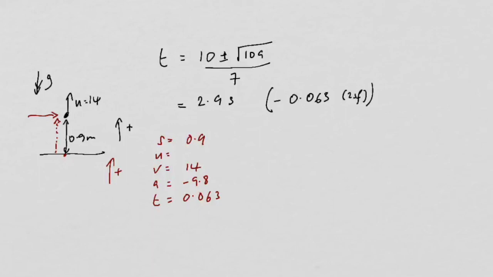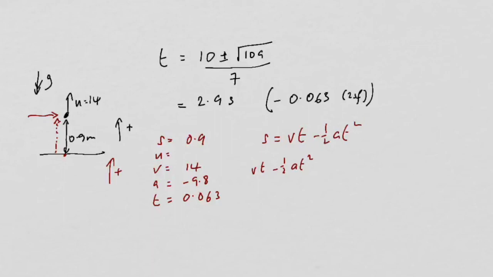Now, one of the SUVAT equations which often isn't used and sometimes isn't taught is that as well as s equals ut plus a half at squared, we have s equals vt minus a half at squared. And so we can check that these figures will work in there, just to check that this interpretation makes sense.